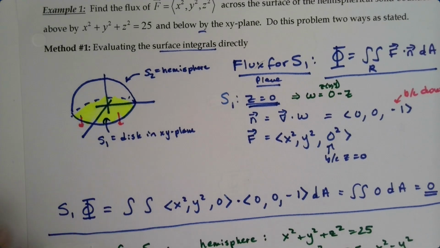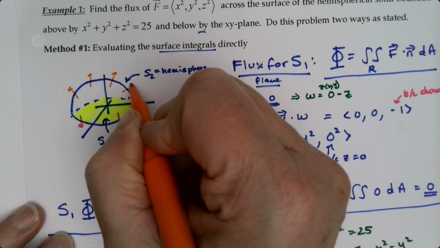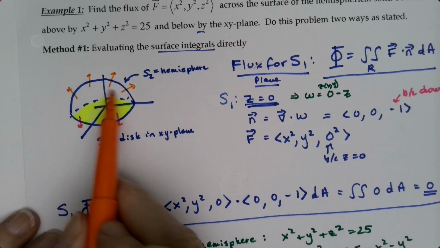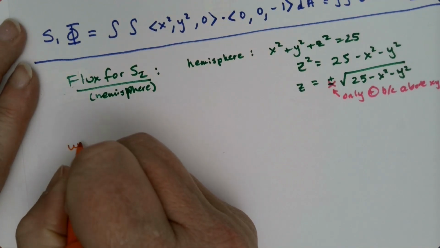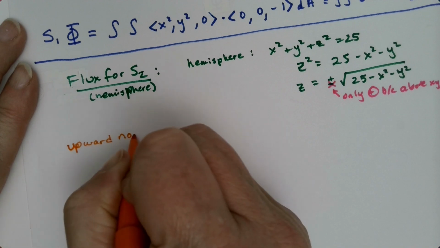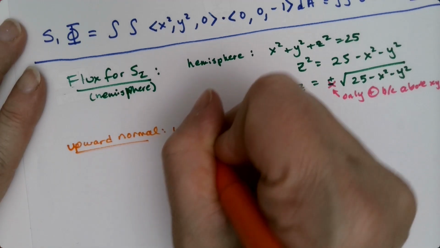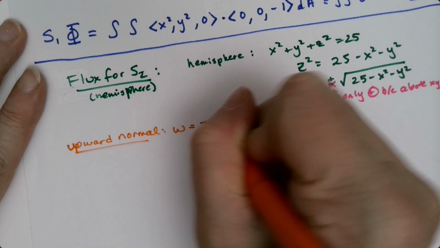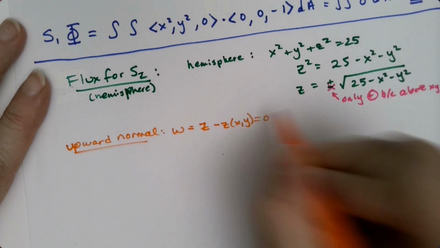If we look at the top half of this, we're trying to find upward, right? We're trying to figure out what part of it is poking out of this hemisphere. So we need upward, which means we need the upward normal. Because of that, we need W to be equal to z minus z of xy, and we set it equal to 0.